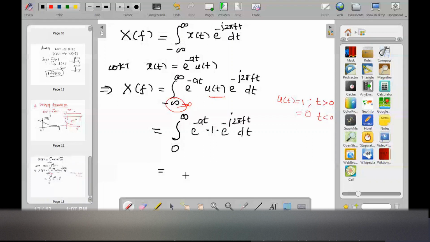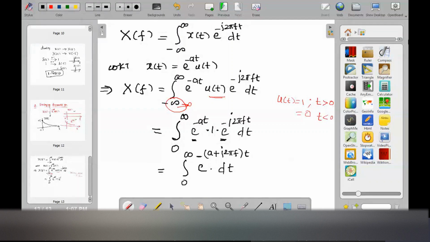The 1 I need not write, because 1 multiplied with anything is the same thing. Since the bases are the same, I can add the indices. I take e to the power minus common, and what is left over is a plus j 2 pi f, into t, with respect to t.